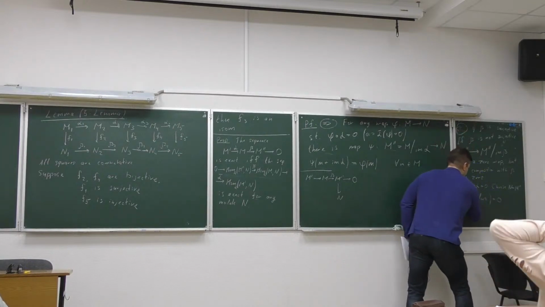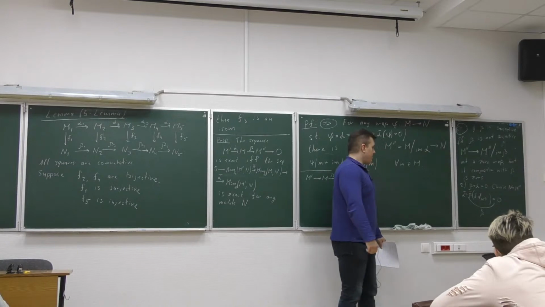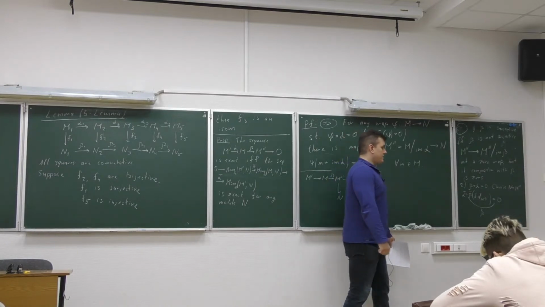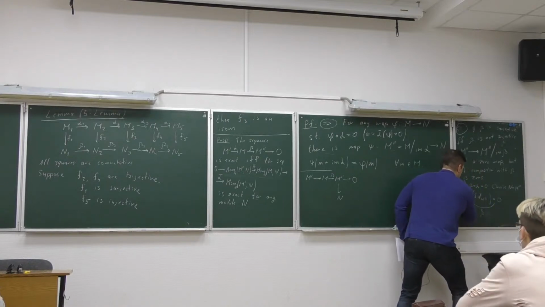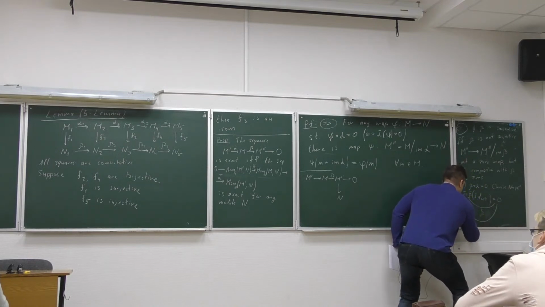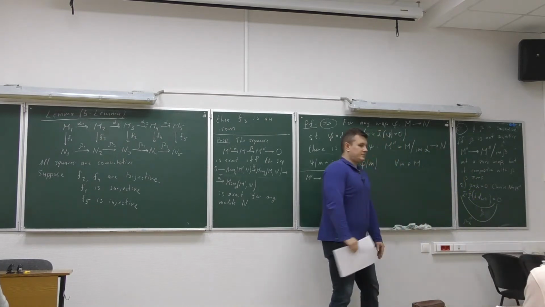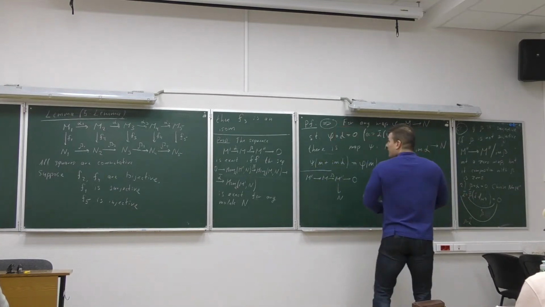So this thing is exactly beta. And when I apply alpha bar, this is exactly the precomposition with alpha. So this whole thing is exactly the composition of beta and alpha. Right? So the composition of beta and alpha now is equal to 0. Okay.